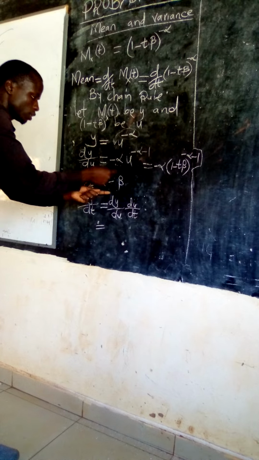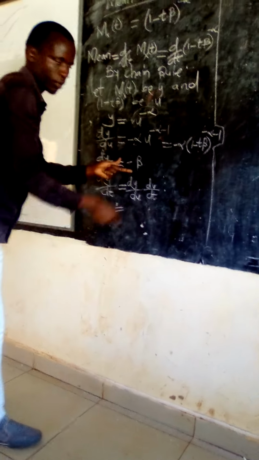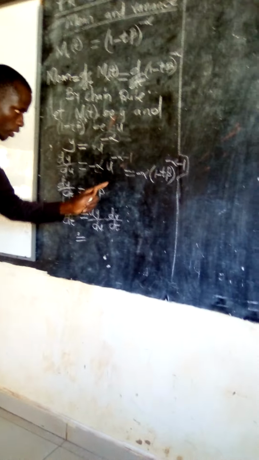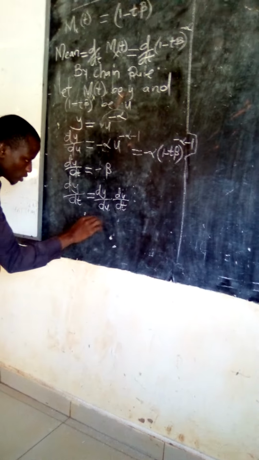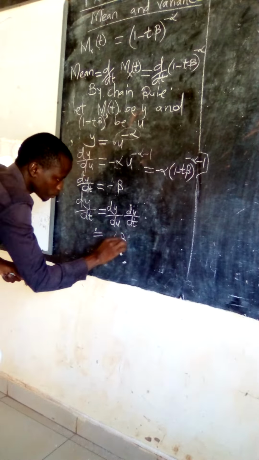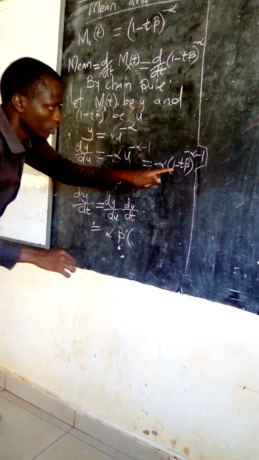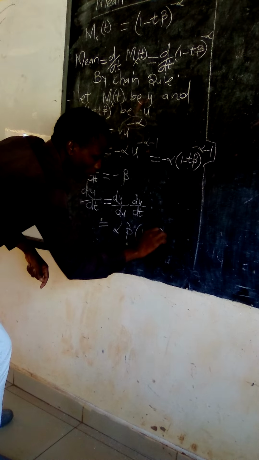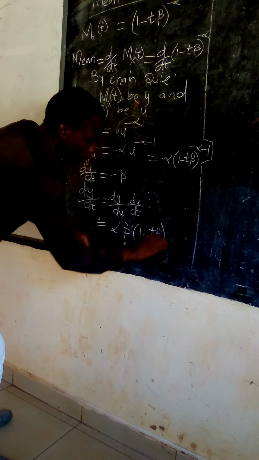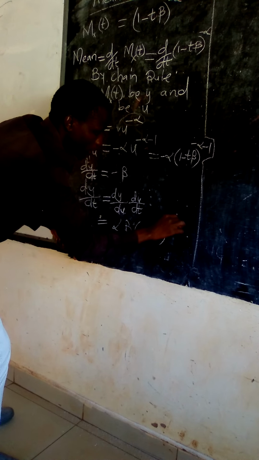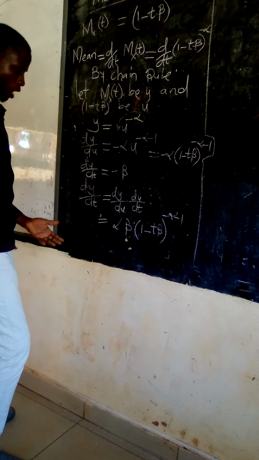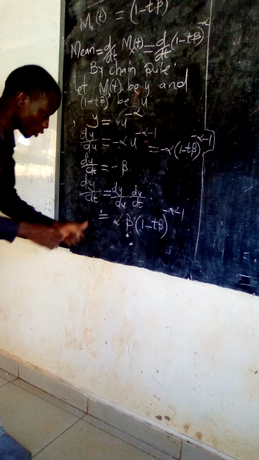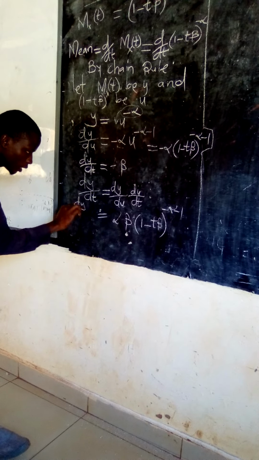So I just take this and multiply with the factor, of which this negative will cancel this negative, and we will end up with alpha beta. So that is alpha beta into the function here, that is 1 minus t beta raised to negative alpha minus 1.